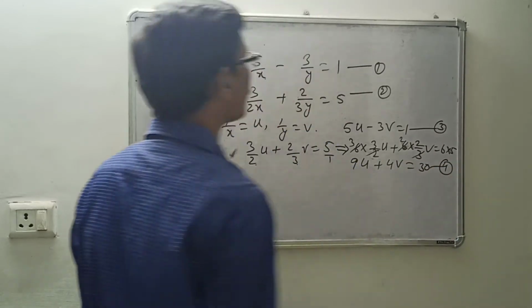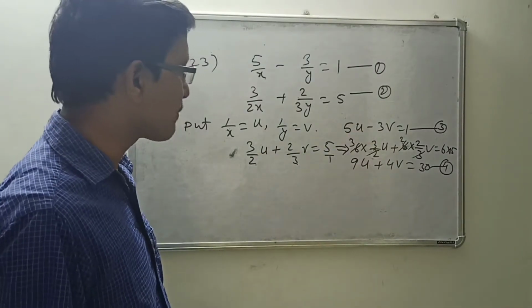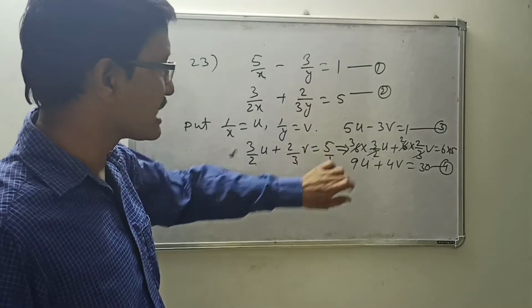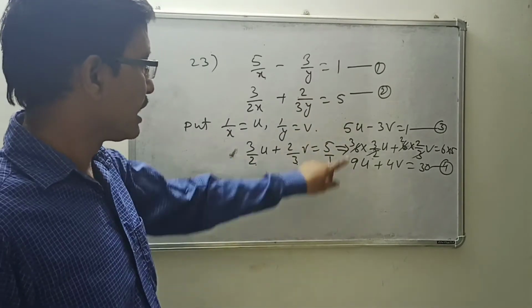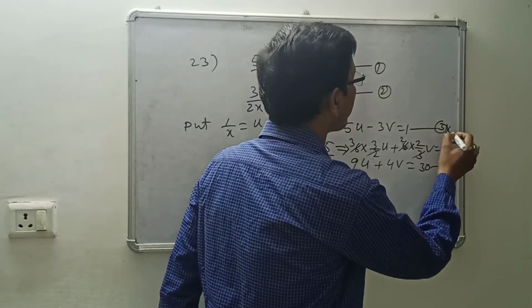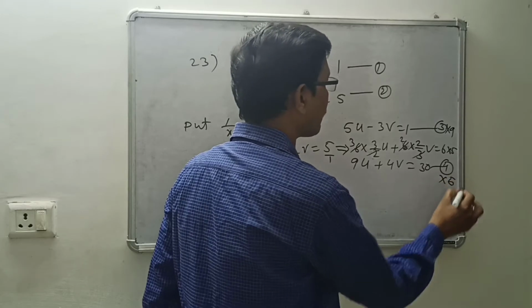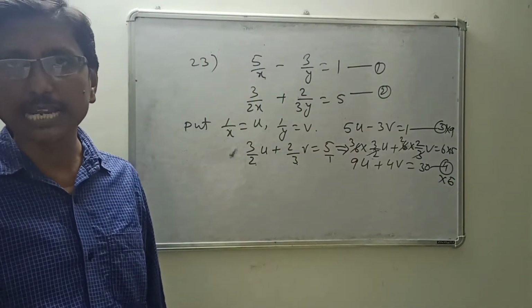That is equation 4. So like the previous one, instead of x and y you are having u and v: it is 5u, it is 9u. If you want to remove u, the first equation is to be multiplied by 9 and the second equation to be multiplied by 5.